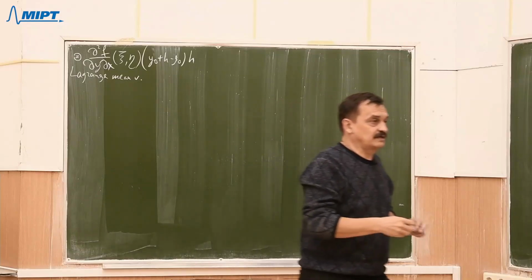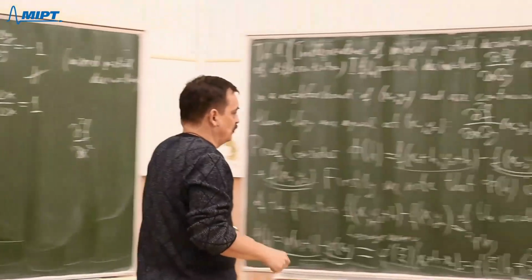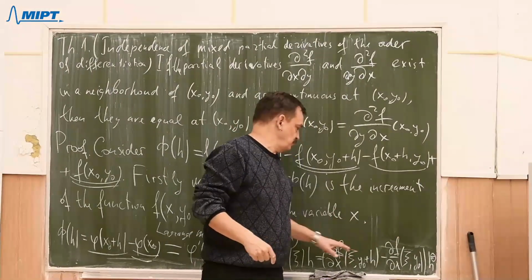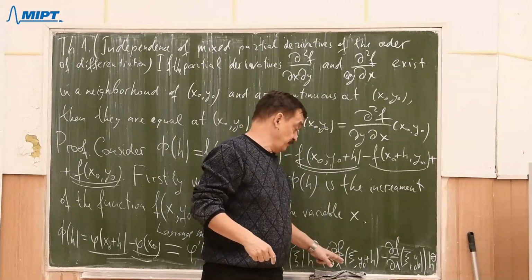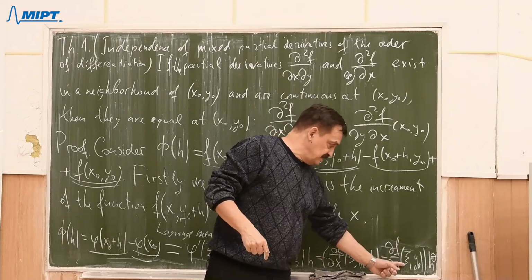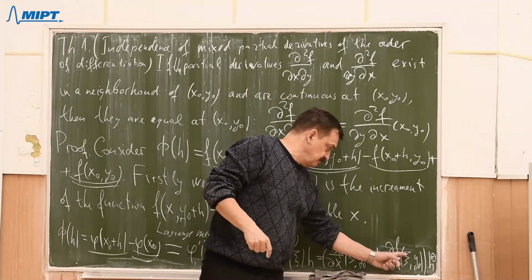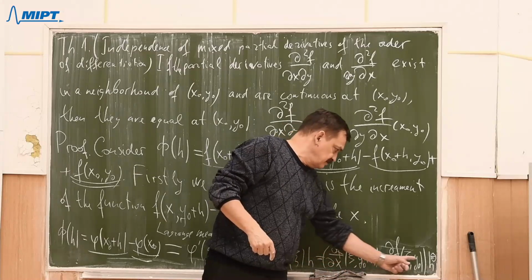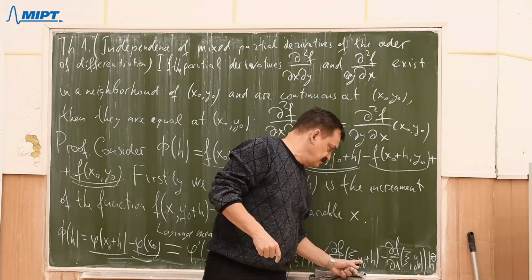So once again, let me show what I did. We had the difference between the partial derivative with respect to x, where the first coordinate is the same, equal to xi, and the second coordinate varies.